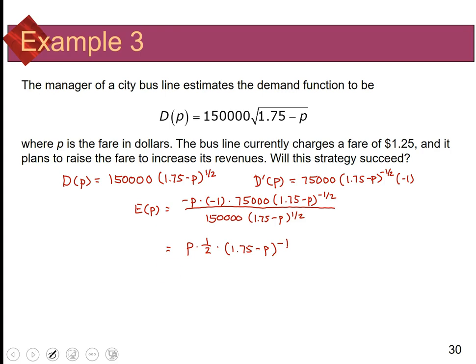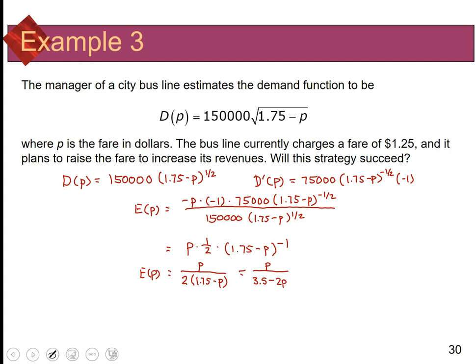So E of P would equal P over 2 times 1.75 minus P, or you could even say P over 3.5 minus 2P. So this is the function that describes the elasticity of demand.